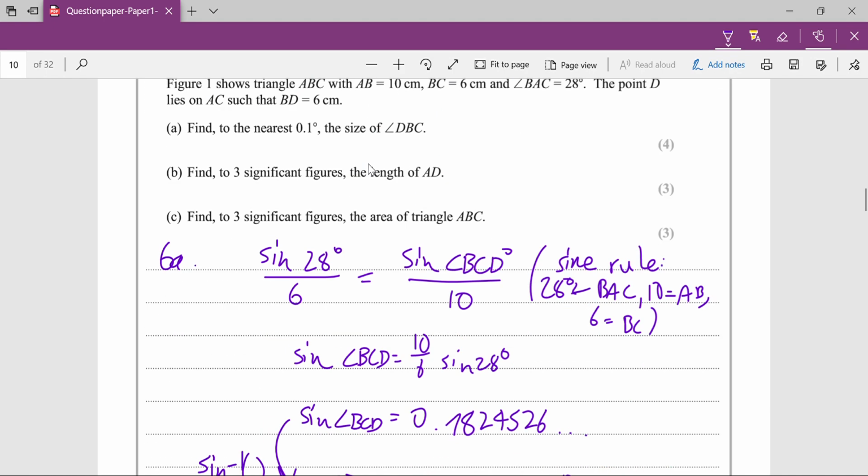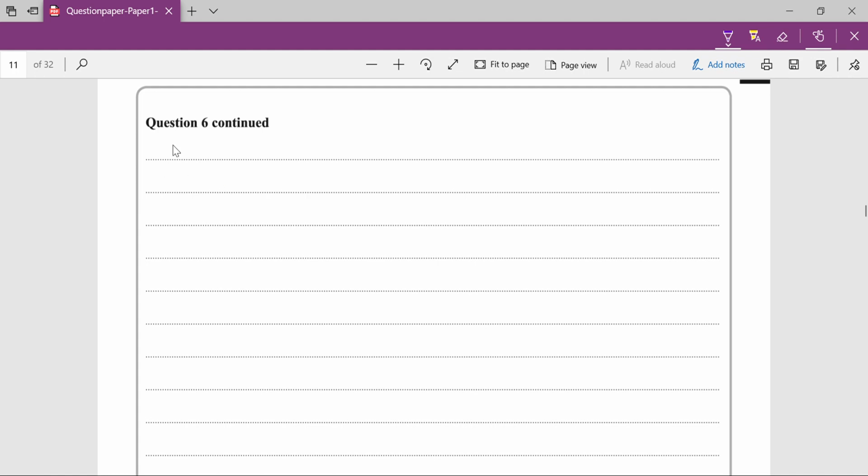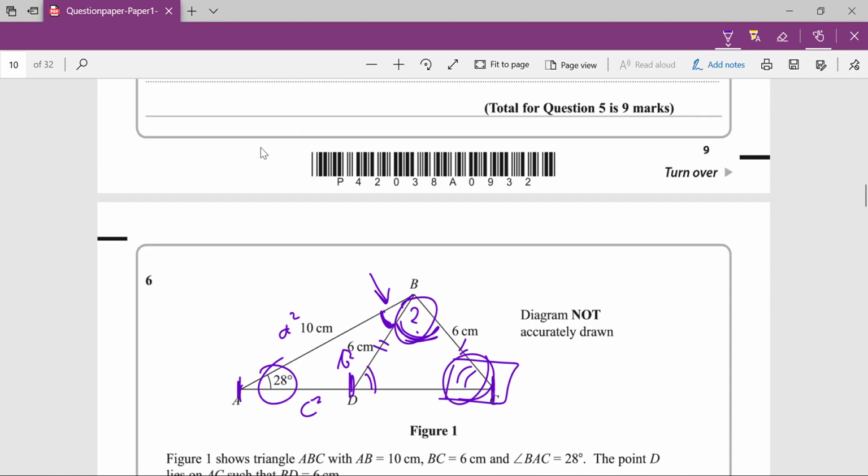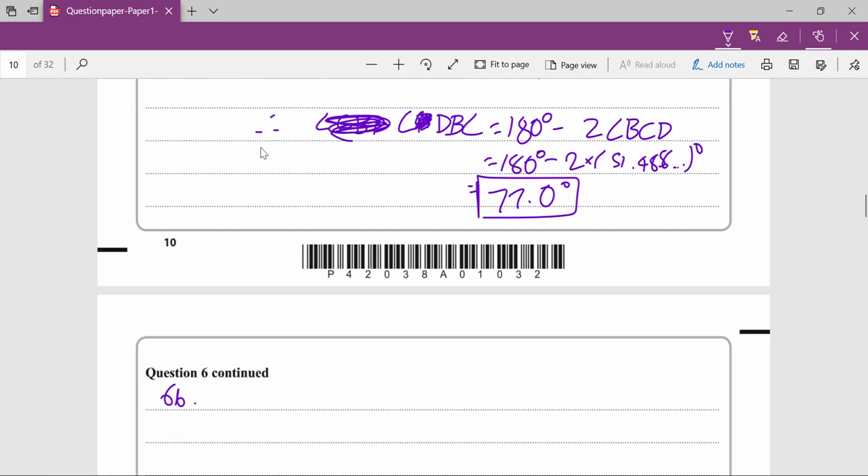So this is question 6b, and we are trying to find angle ABD.